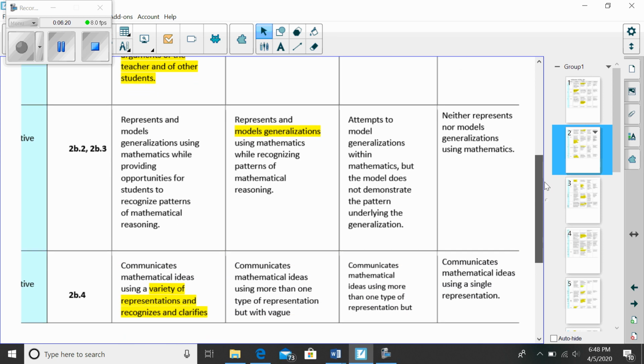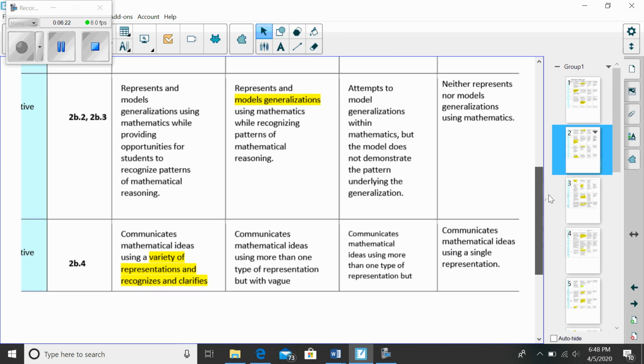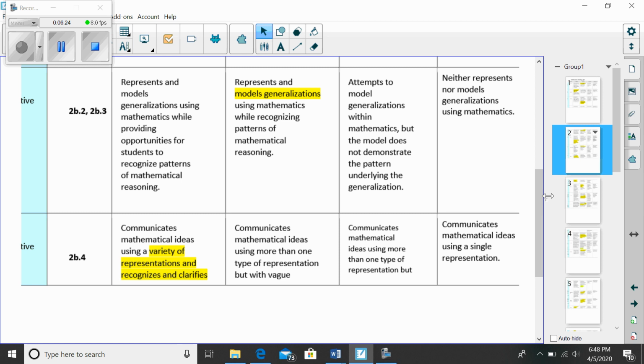So coming up here, represents and models generalizations. That's analyzing patterns. And I hope I did a really good job of illustrating that for you on the most recent lesson you watched in my pre-calc class, where you saw me develop that formula for finding interest. We looked at the generalization of, well, if it were compounded twice a year, what if it were 4 times a year?